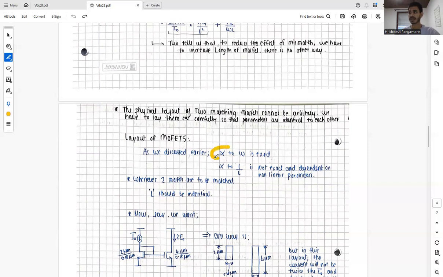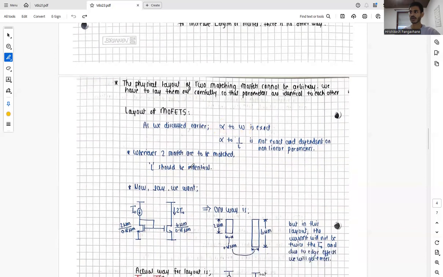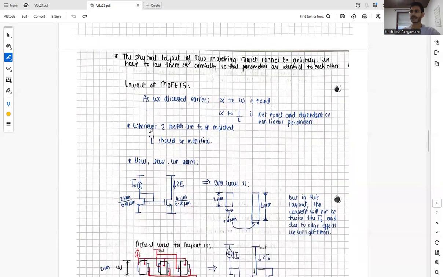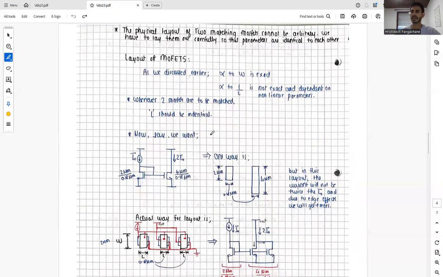But one thing is sure, that the current behavior is directly proportional to the width. And whenever two MOSFETs are to be matched, the length should be identical, as we know that the proportionality is not exact and it depends on nonlinear parameters.